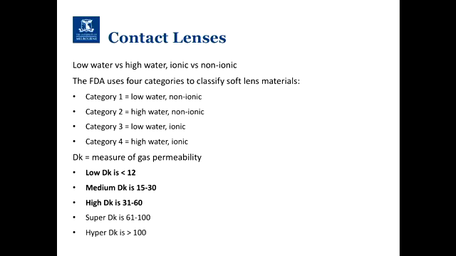It can be low, medium, high, super high, or hyper high, but the ones that are in bold are usually the three that contact lenses fall into. I wasn't able to see the two high ones. It was pretty much the low, medium, or high.